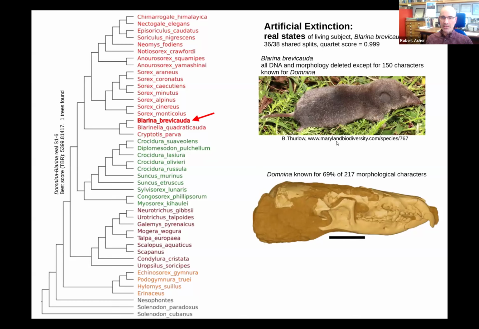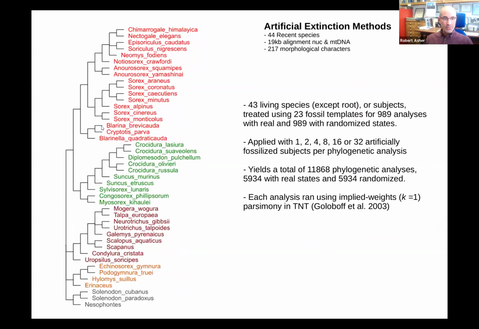We turned all of its molecular data into question marks, and we kept only the anatomical characters that were known in this particular case for Domnina. So 69% of 217, what is that, 250 or so. And where does it put Blarina brevicauda on the resulting topology? Well, it does so here. And this is not far off, right? So in the well-corroborated tree, Blarina falls out in a clade with Cryptotis.